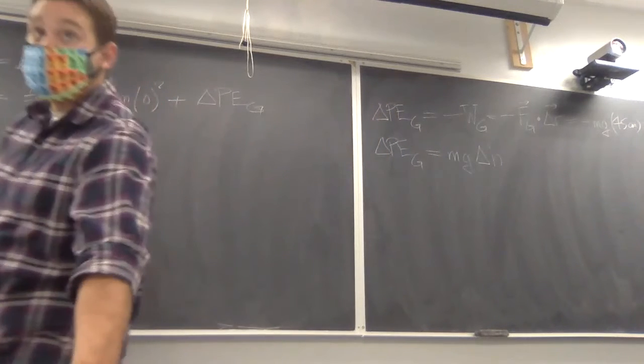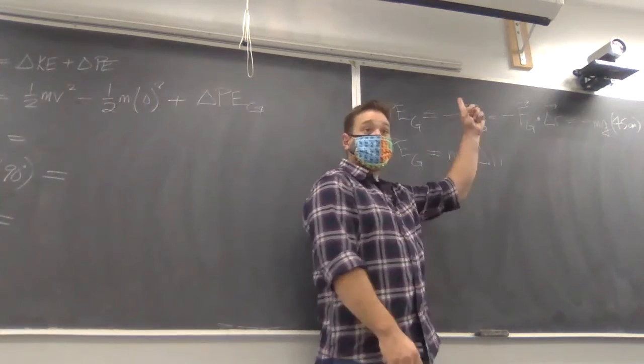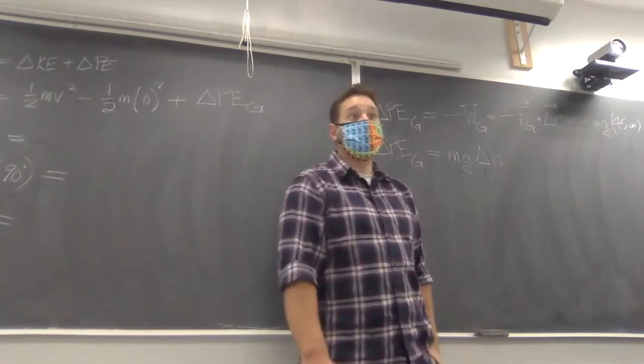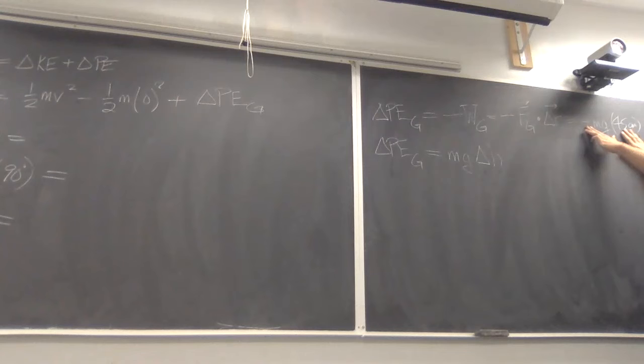The change in gravitational potential energy only cares about our height. Did we go up? Then delta H is positive. Did we go down? Then delta H is negative. That negative 45 centimeters is right here.